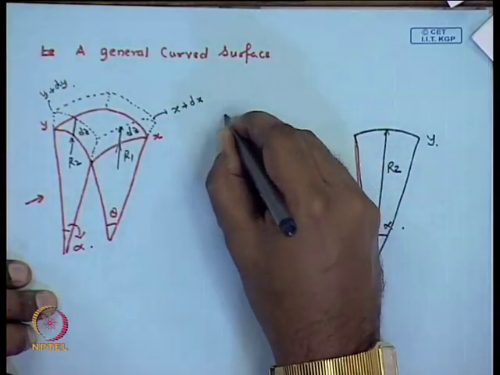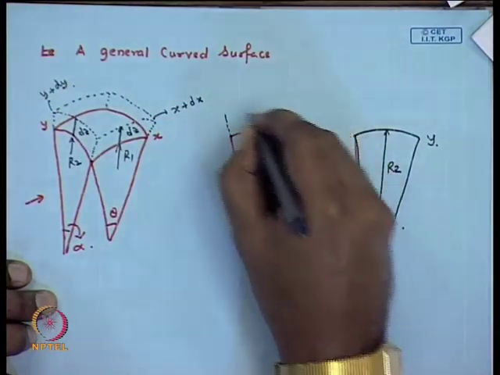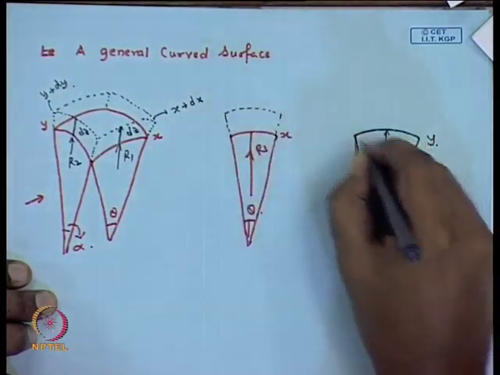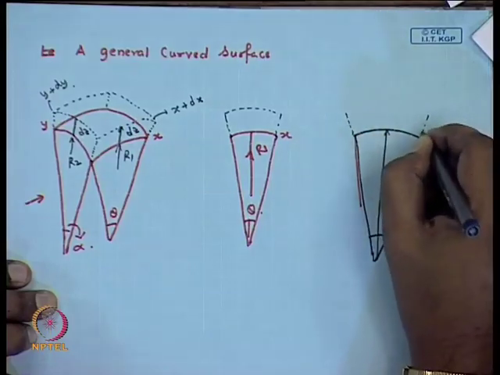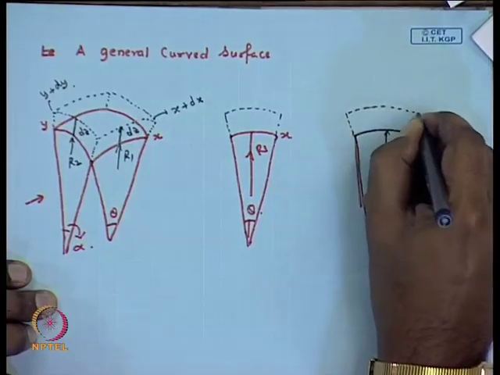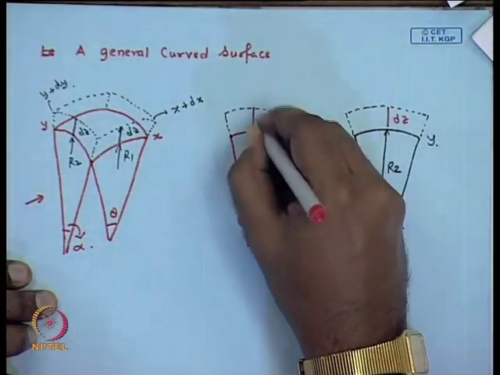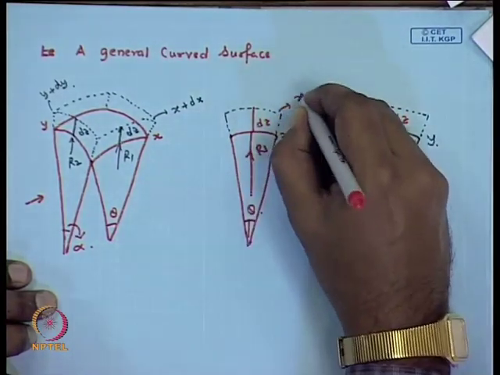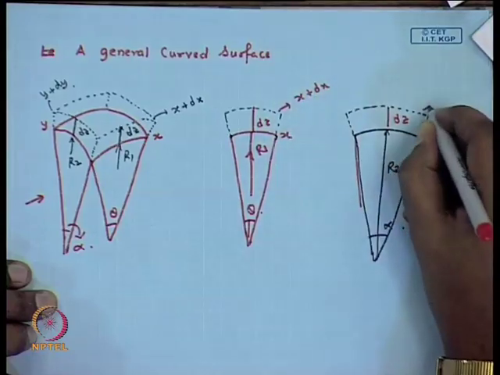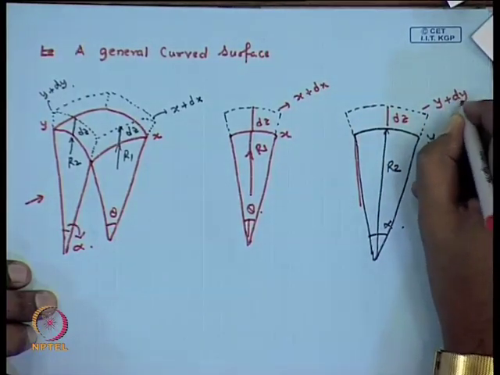So, here we had x, this figure will look like this from here. So, this is dz, this is also dz, this is x plus del x, this is y plus del y.